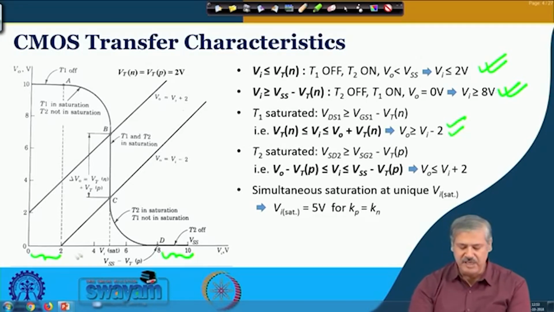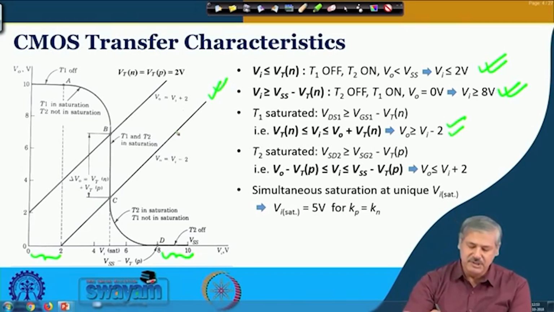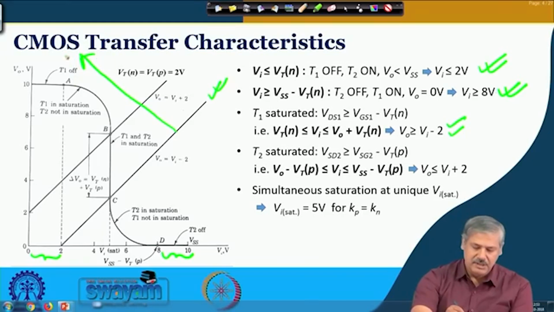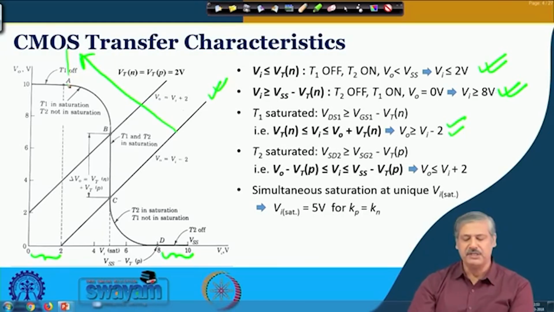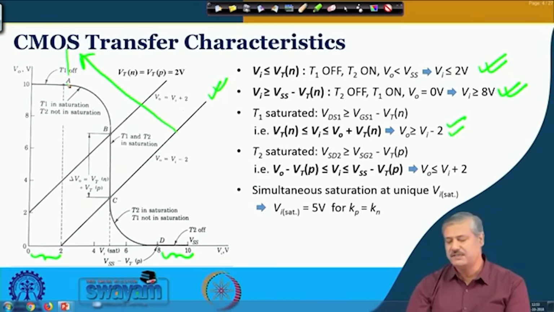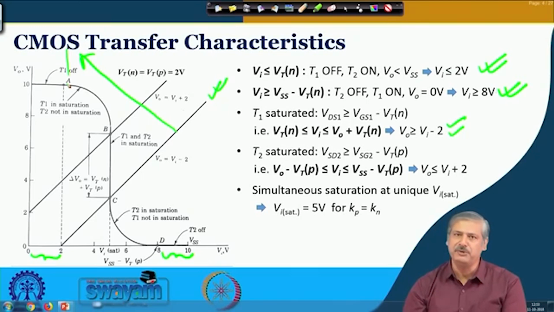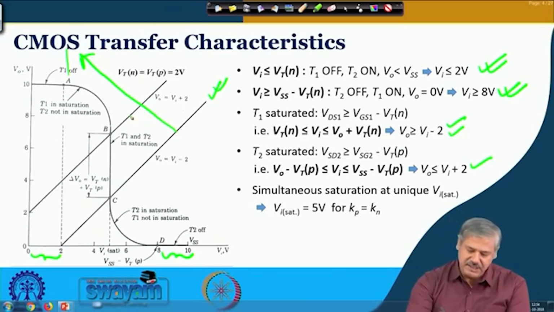So V0 equal to Vi minus 2 is this line, and V0 greater than Vi minus 2 is this zone. In this zone T1 is in saturation. If we look at the corresponding thing for T2, when T2 will remain in saturation, it is a similar thing but applied to PMOS. So V0 less than Vi plus 2 is when it will remain in saturation.